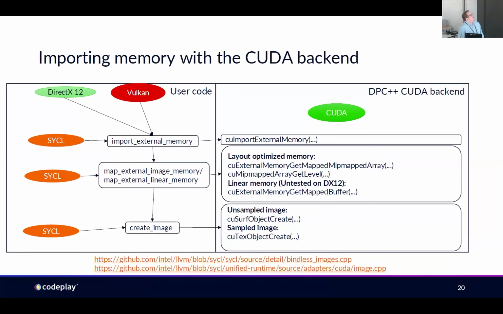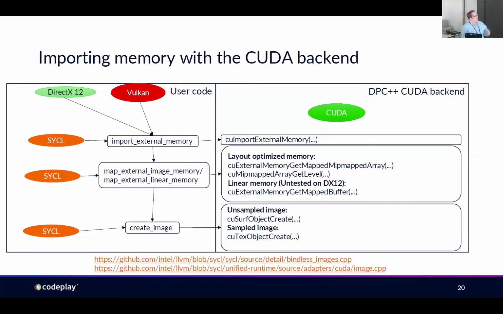Here's what the functions actually do in this case on the CUDA backend. When you're calling import external memory, you're actually calling cuImportExternalMemory, putting it into the CUDA context. And then when you call map external image memory, it's quite interesting.